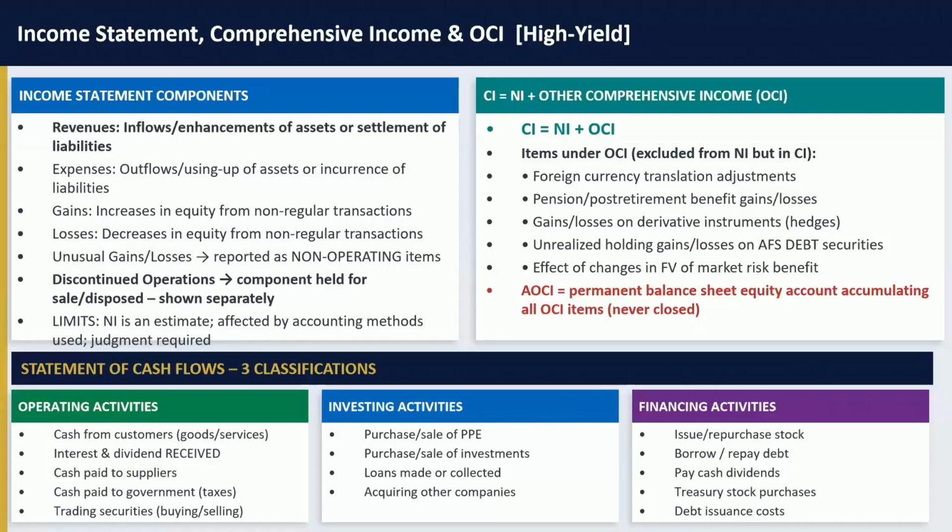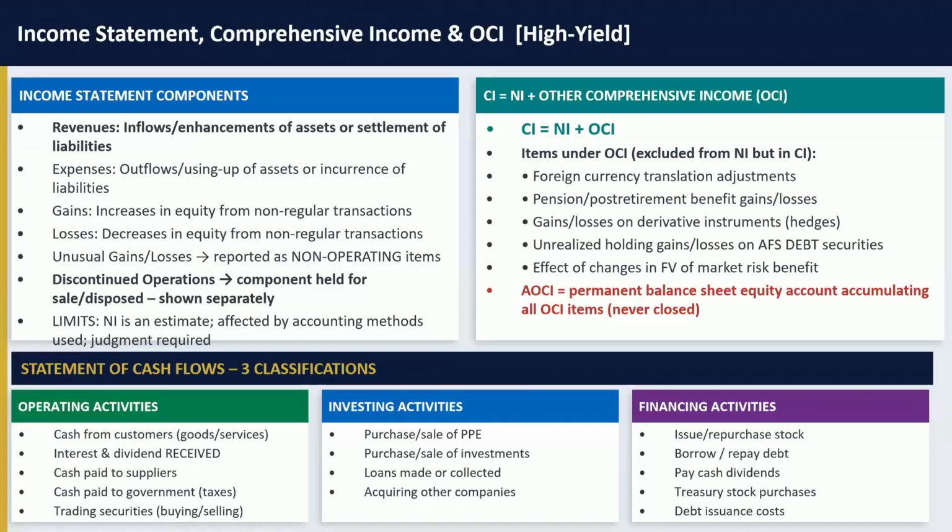The more accurate your estimate is, the more you can trust your net income values. If it is not a good estimate, then we can't trust the values of net income that are generated. Then it is affected by accounting methods used, again, you will choose between depreciation methods and inventory valuation methods, and again, judgment is involved.